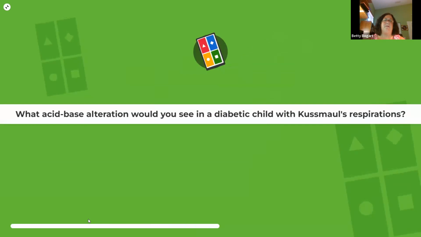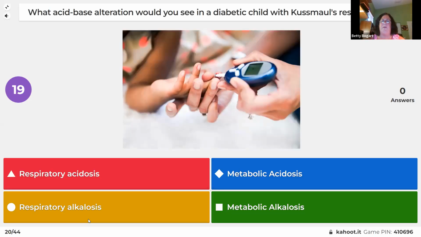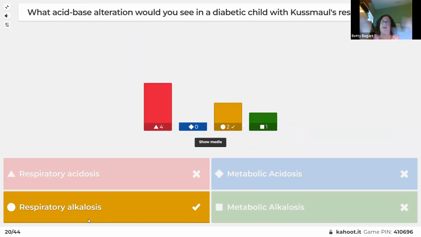What acid-base alteration would you see in a diabetic child with Kussmaul respirations? Well, a diabetic child with Kussmaul is in diabetic ketoacidosis. So the body wants to correct that metabolic acidosis. So what do Kussmaul respirations do for that? We're going to do the opposite.